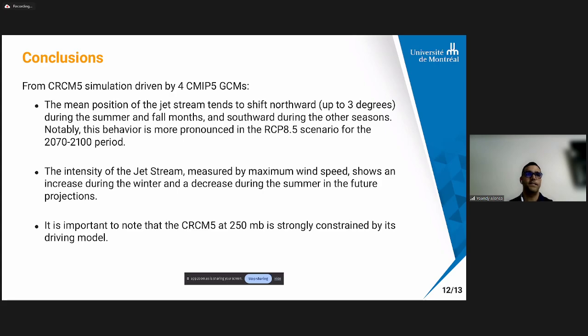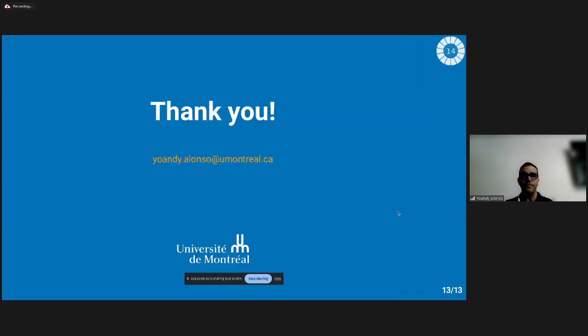The intensity of the jet stream, measured by maximum wind speed, shows an increase during the winter and a decrease during the summer in the future projections. And it is important to notice that the RCM5 at 250 millibars is strongly constrained by its driving model. So thank you very much.